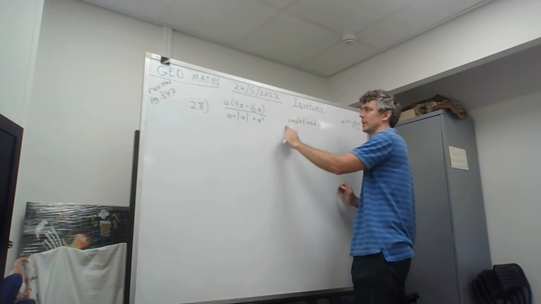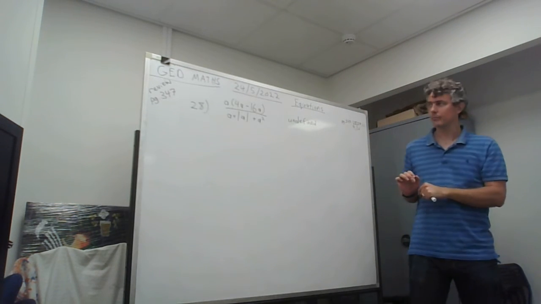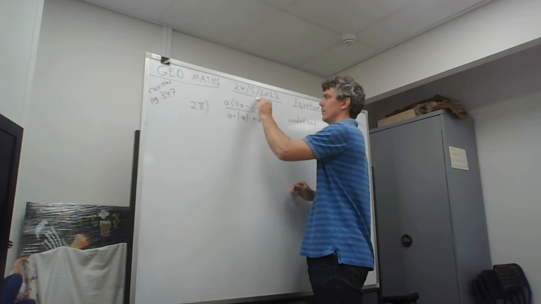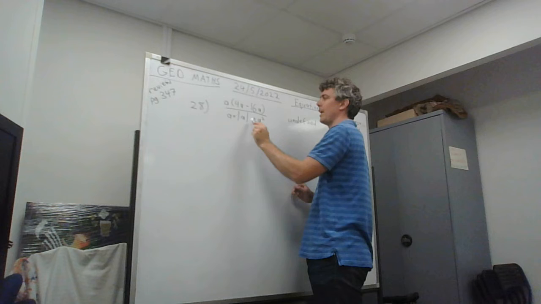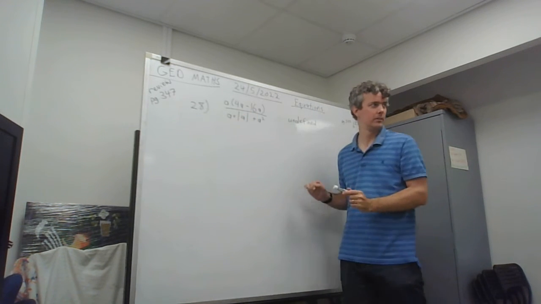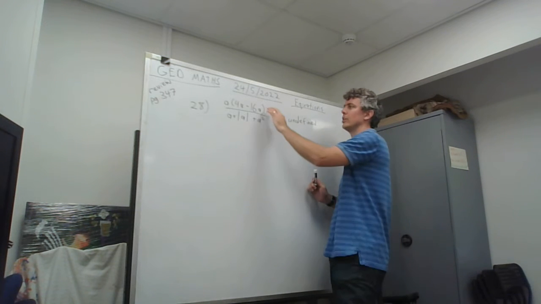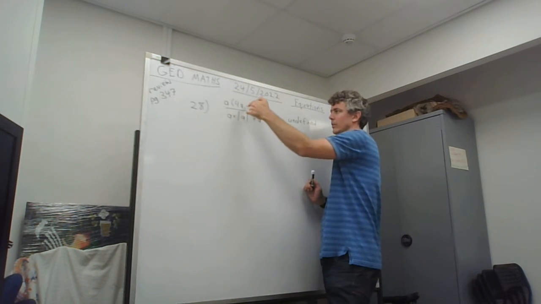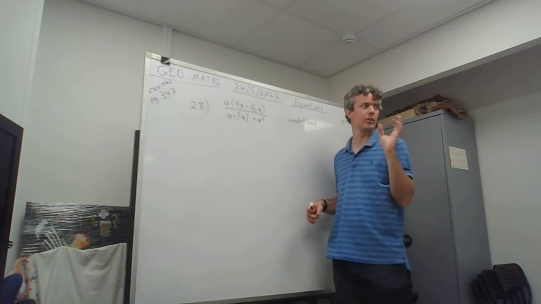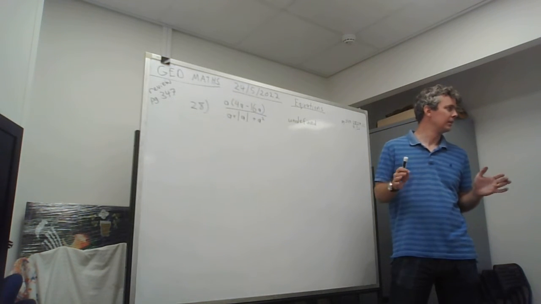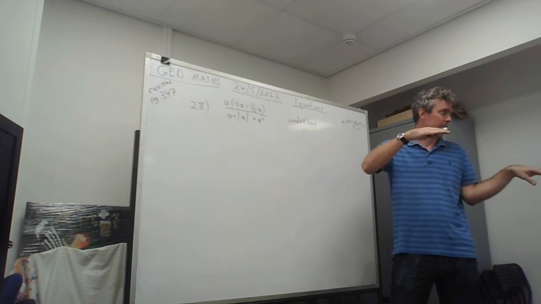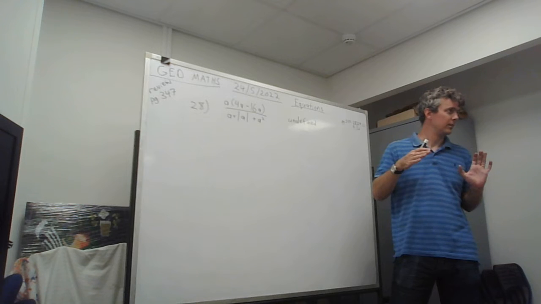So when they're asking this, they're asking what values of A will make you divide by 0. You don't need to worry about the top, because the top can be 0, and having 0 on the top is not undefined, it's 0. You cannot have 0 on the bottom. If there's 0 on the bottom, it's going to be undefined.